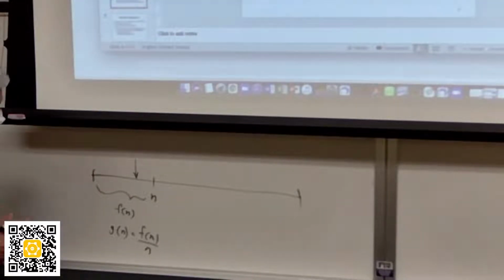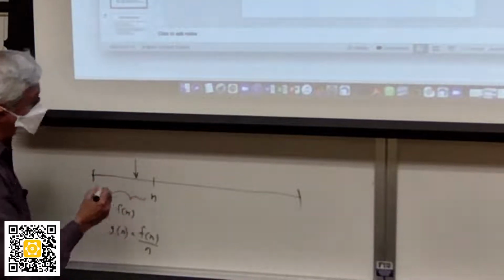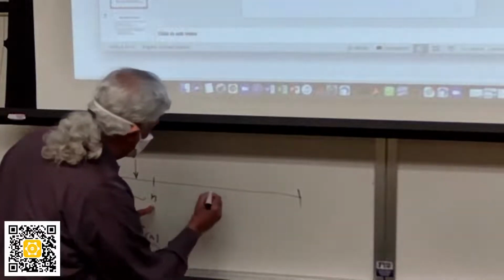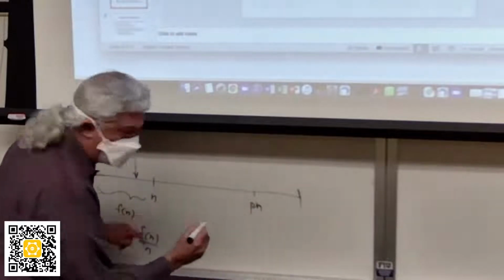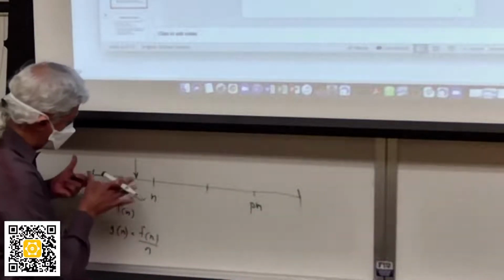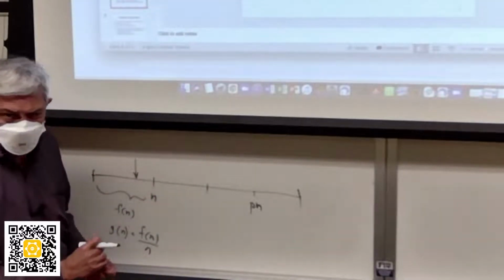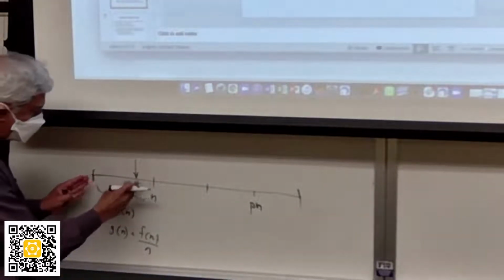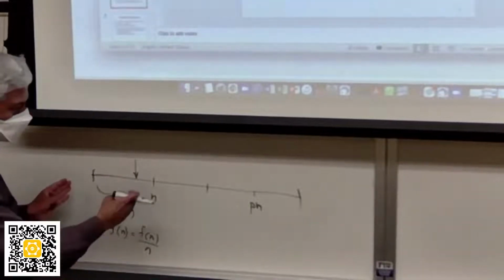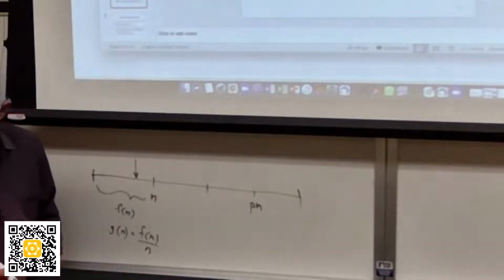And here what we're saying is, if p is a factor of integer n, then if you multiply p by n, let's say pn comes somewhere here, then you know that there are going to be p such intervals. In this interval, all these guys have something in common with n, so they also have in common with pn.